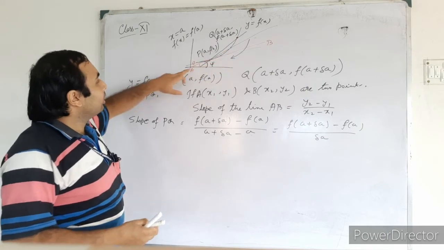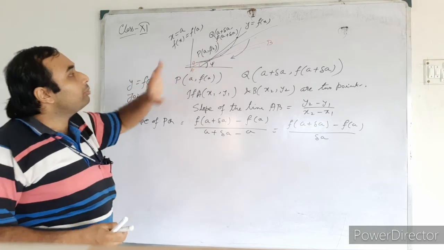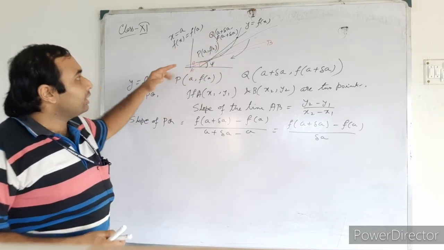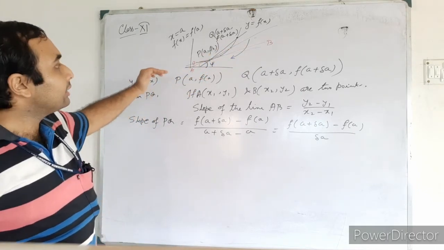will lie on the tangent AB, and whenever del a is 0, that is Q is on P, the PQ line will superimpose on the tangent AB.